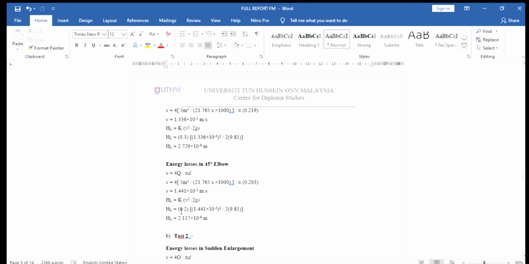The loss coefficient for the 45-degree elbow is 0.2. So we put in 0.2 for K, times the velocity squared per 2 times gravity, which is 9.81, and for the head loss we will get 2.117 exponent negative 8 meter.